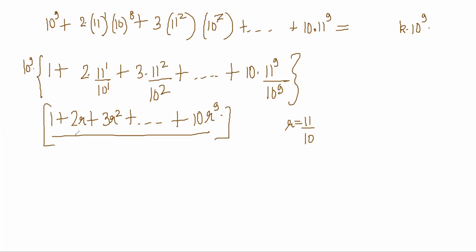This is simple, and because the left hand side is k into 10 power 9, no? Yes, sir. Right? So it's just this much we have to find, right? So let's just do it.